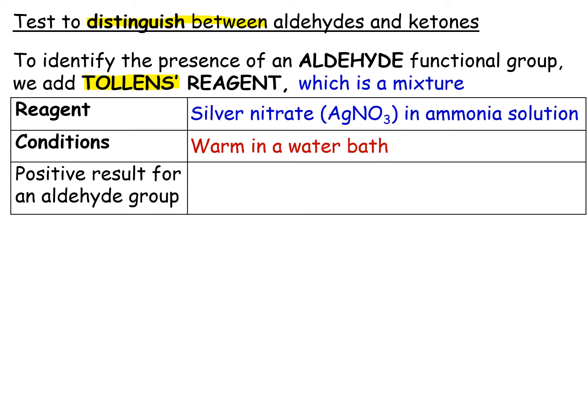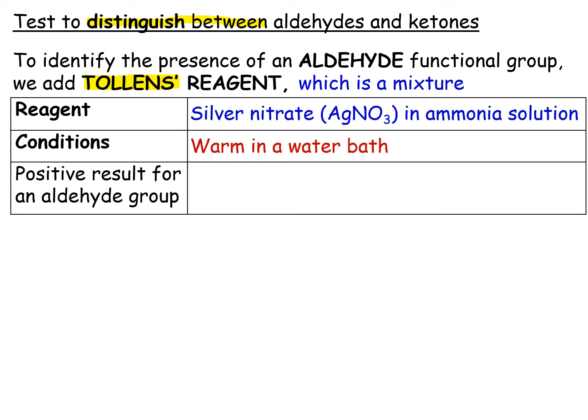We heat the water to a temperature of about 60 degrees centigrade, and the test will be carried out in a test tube, and we'll get an observation for one of them. One of them will react with the Tollens, the other one won't. Now you can see in the table it says positive result for an aldehyde group. So the aldehyde will react, but the ketone won't.